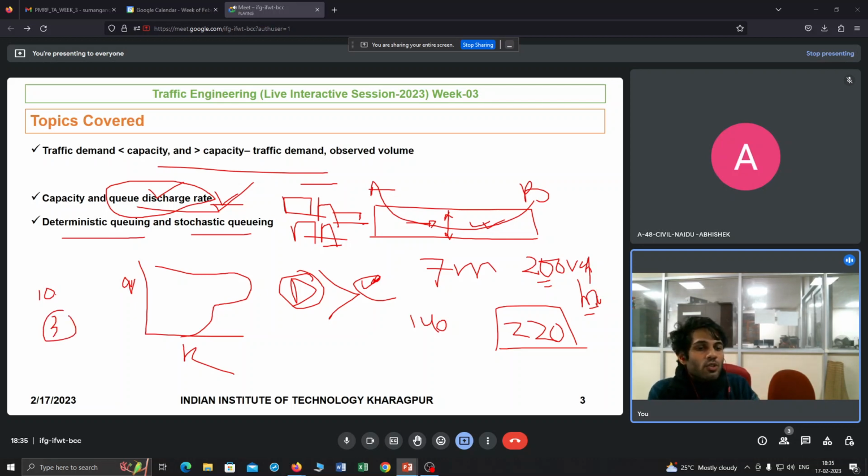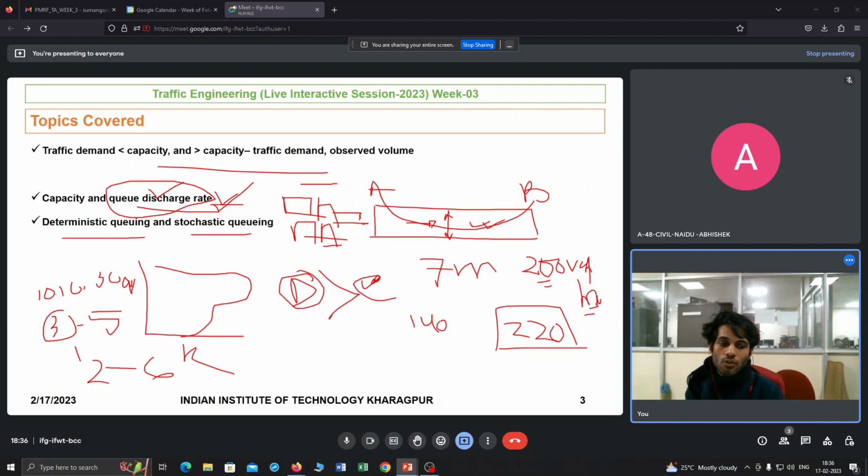Suppose today between 10 and 10:30 three vehicles have arrived, but the next day it may be 5, the next day it may be 2, then the next day it may be 6. So it is not a fixed scenario. If you plot it, it may be any random distribution. It may not be a normal distribution, right? Any random distribution like a Poisson distribution, right?